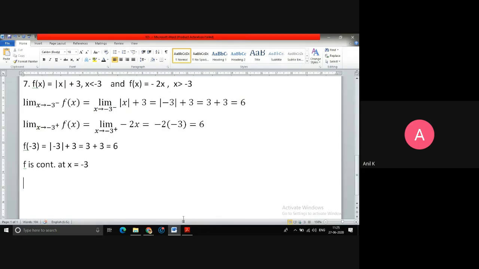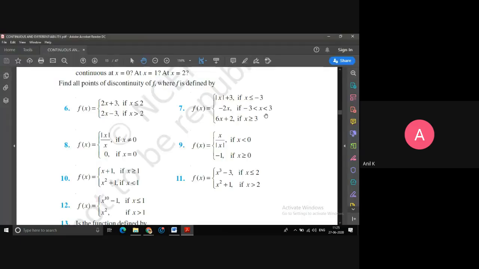Okay. Now you have to find the continuity at x equals 3, whether the function is continuous at x equals 3 or not. So I'll explain it orally. See, left of 3 means x is less than 3. So my function is going to be minus 2x. So minus 2 into 3, it will be minus 6. So left of 3, I got it as minus 6. And right of 3, which is x greater than 3, my function is going to be 6x plus 2.